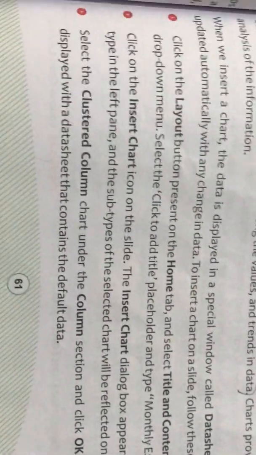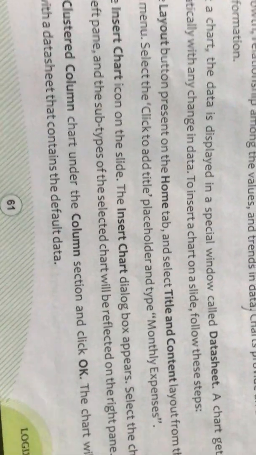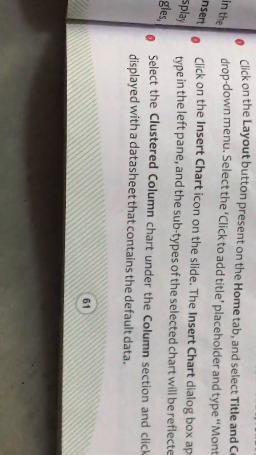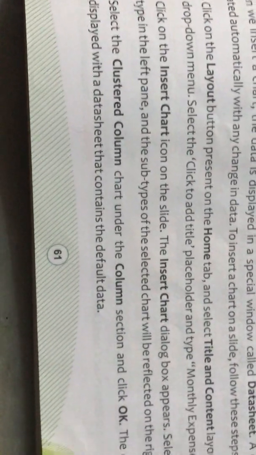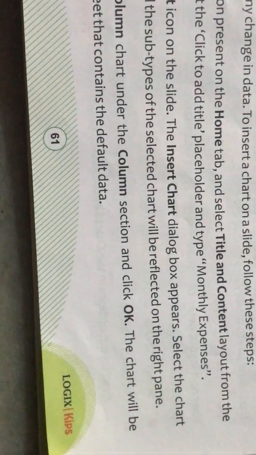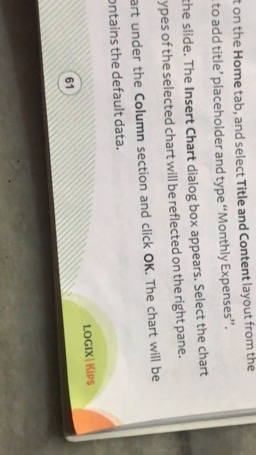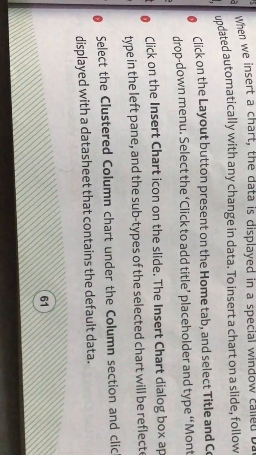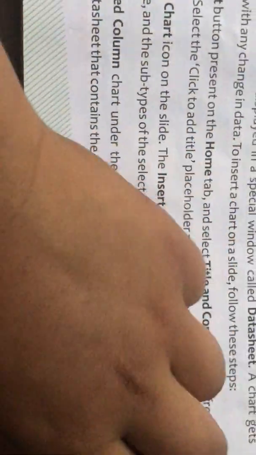Select the chart type in the left panel. Subtypes of the selected chart will be reflected on the right pane. Select the Clustered Column chart under the Column section and click OK. The chart will be displayed with a datasheet that contains the default data.